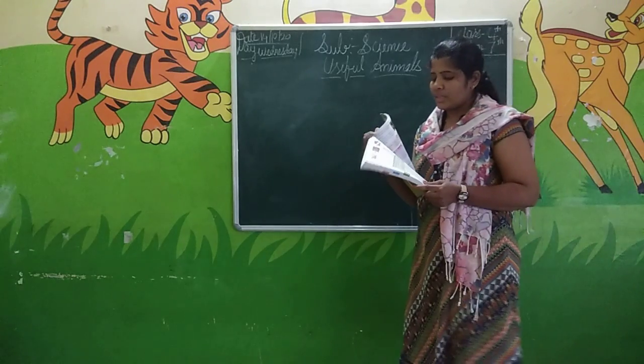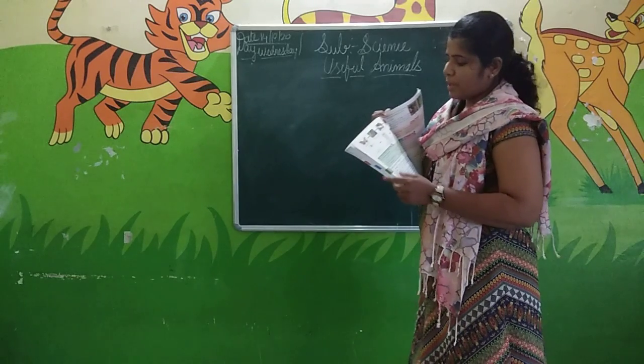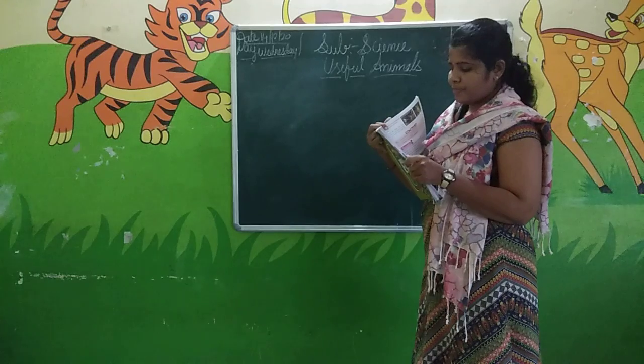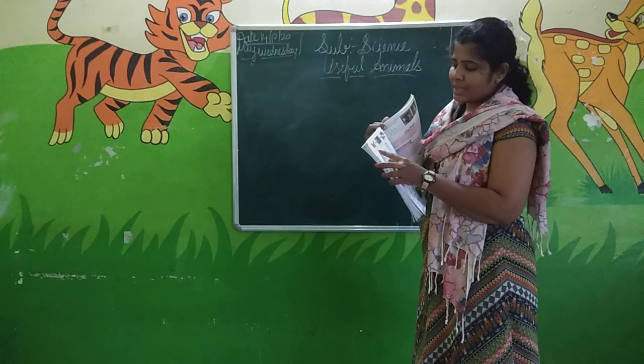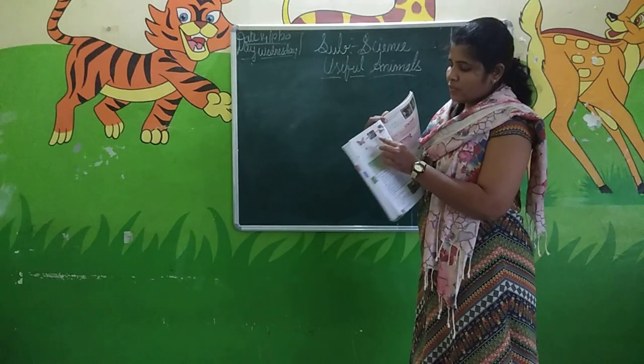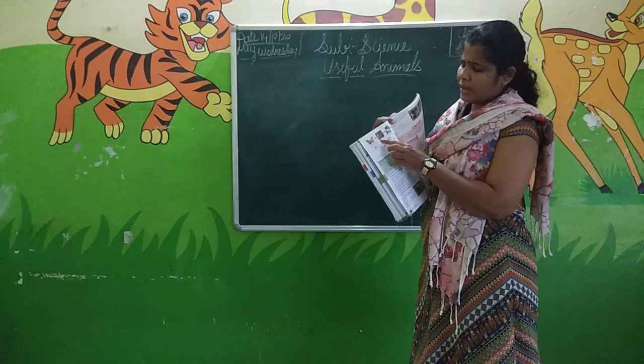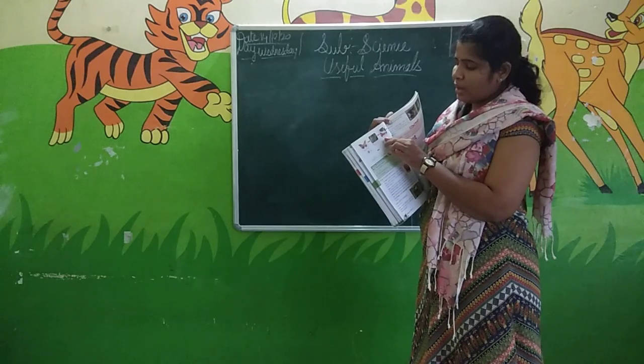Here they have given the life cycle of a butterfly, and what is this? Silkworm. The adult silk moth lays eggs on the leaves of a plant. The eggs turn into a caterpillar-like structure called what?